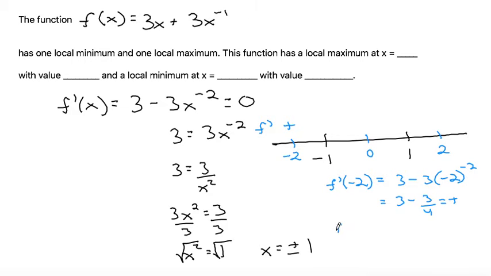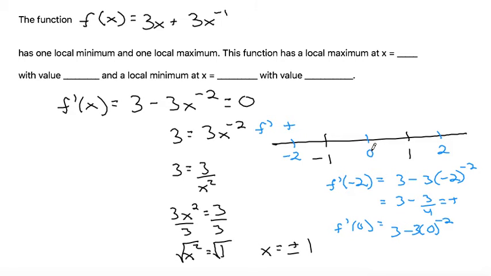And then let's find f prime of 0, which would be 3 minus 3 times 0 to the power of negative 2. I left off my 3. But that makes a 0 in the denominator, which is not a good thing to use.